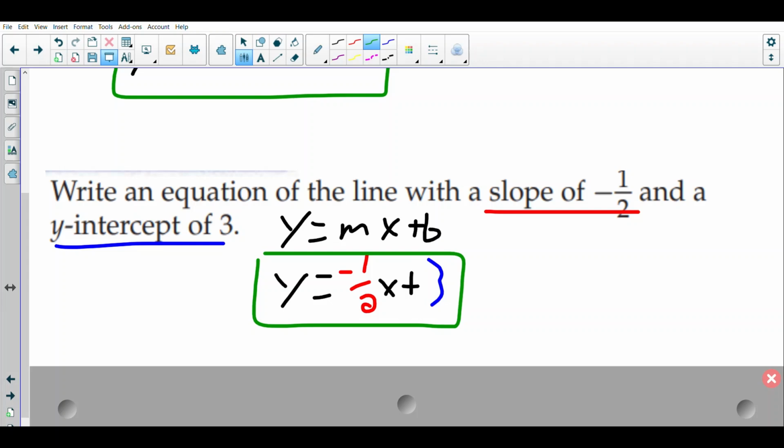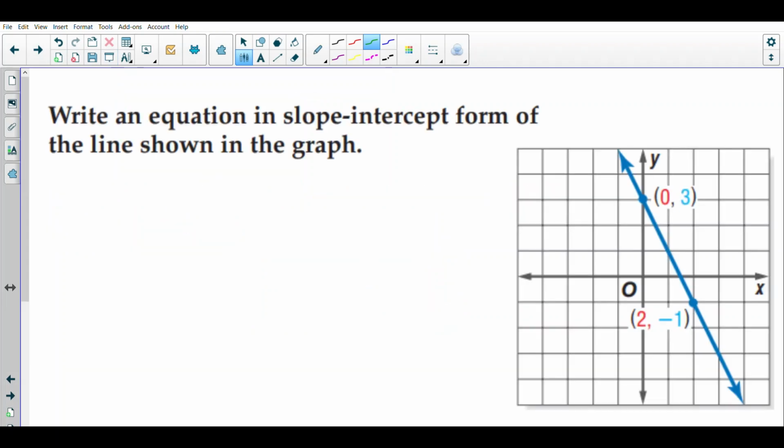All right, so now sometimes we're not just straight out given that information. Sometimes we are given a graph. So now we just have to figure out what everything is. We need, once again, our equation y equals mx plus b. First let's figure out the slope. We start right here and we go from one point to another. We could do the slope formula, or we could count.